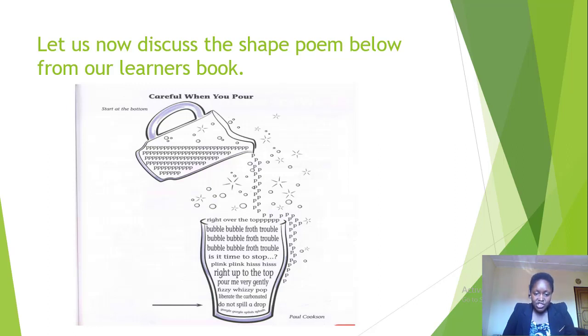We are going to have gently, which can take the letter D. Then we have pop, which goes back to A. Carbonated, letter E. Drop goes back to A. And splash takes letter F. That is the rhyming pattern of this poem.